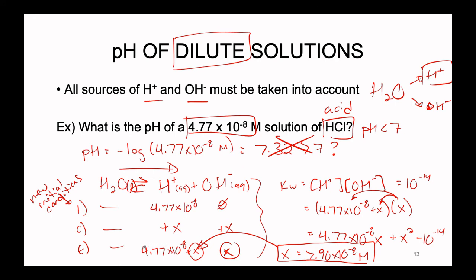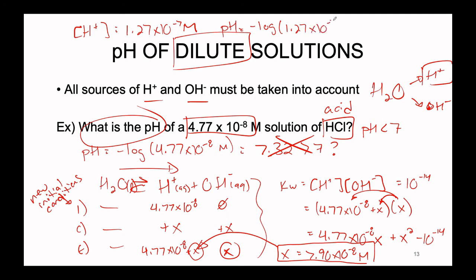So taking 4.77 times 10 to the negative 8, adding it to 7.9 times 10 to the negative 8, this is going to give us a new H plus concentration at equilibrium that is equal to 1.27 times 10 to the negative 7 molar. If we want to calculate the pH, which is what we are charged to do, we're finding what is the pH. pH is equal to the negative log of 1.27 times 10 to the negative 7, and this is going to give us a pH now that is slightly acidic, 6.90.